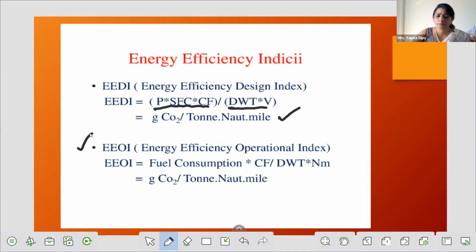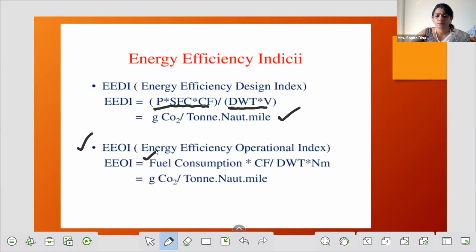Now here, how we calculate EEOI is, what is the actual fuel consumption? Generally, what ships will do is they will have noon to noon data. That means from today's 12 o'clock to tomorrow's 12 o'clock, how much fuel has been consumed, and you multiply with the conversion factor, which talks about how many tons of carbon dioxide are emitted when 1 ton of fuel is consumed.